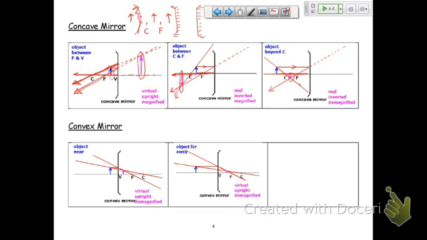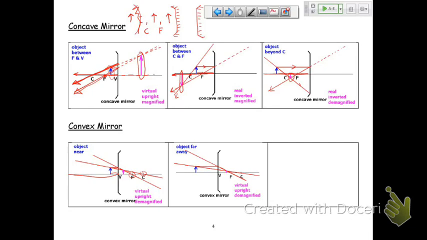If I do a convex mirror, then the center of curvature is behind, and so my focal length can be behind. And now what's happening is that the ray on the bottom goes to the mirror and goes back again. The ray from the top, the first ray, which goes parallel to the optical axis, is bounced back through the focal point.